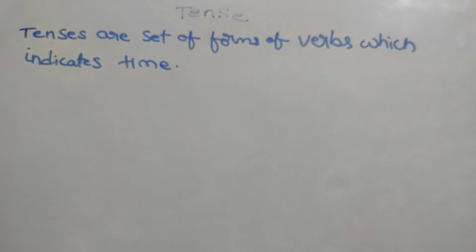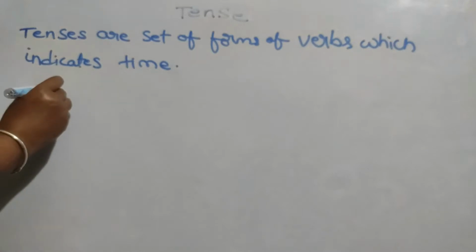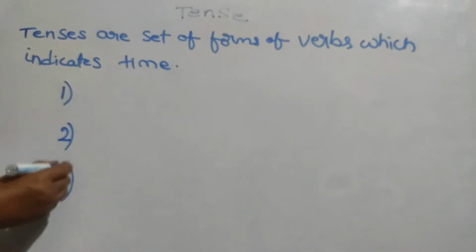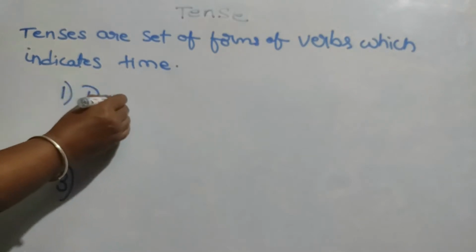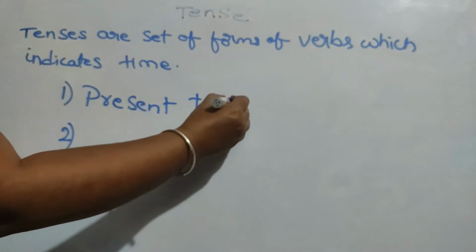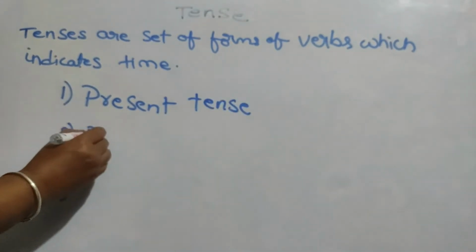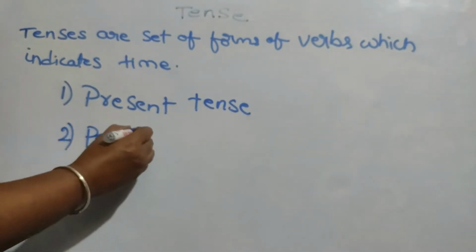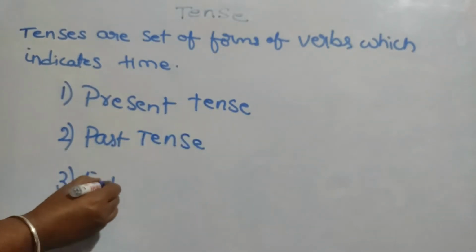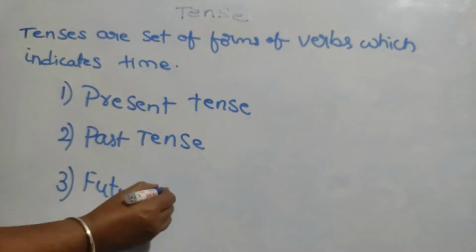Now, what are the main parts we have in tenses? In tenses, we have majorly three parts: present tense, past tense, and future tense.